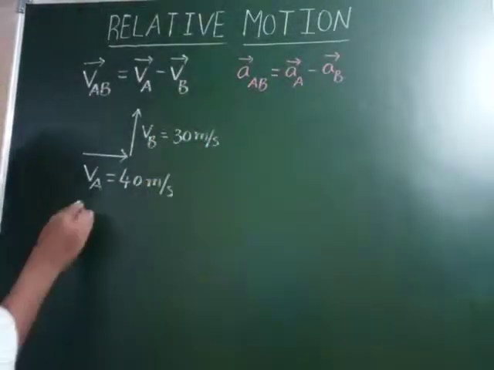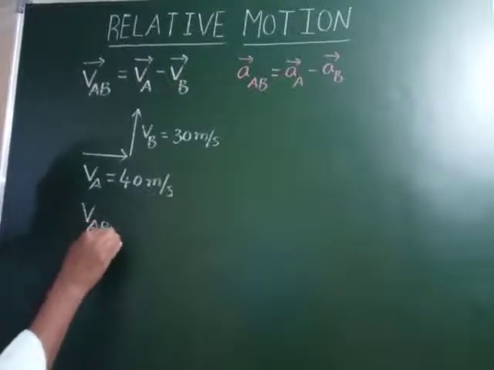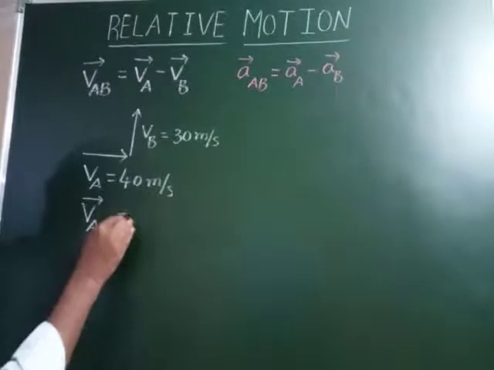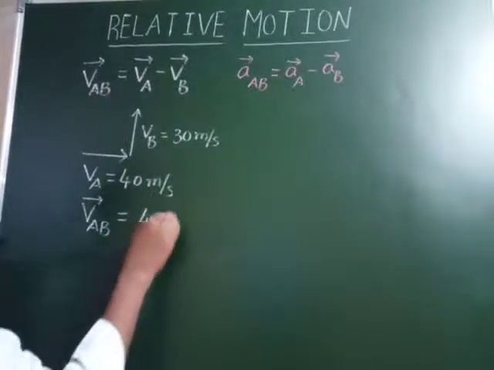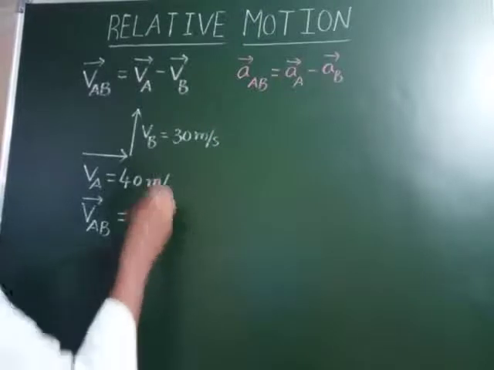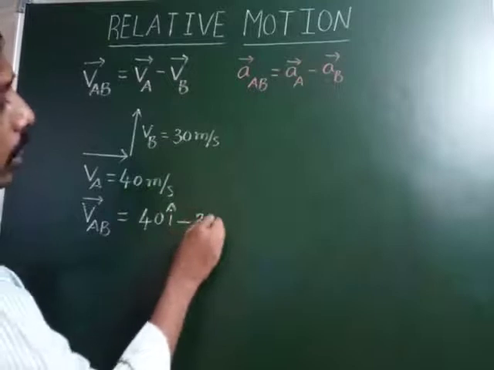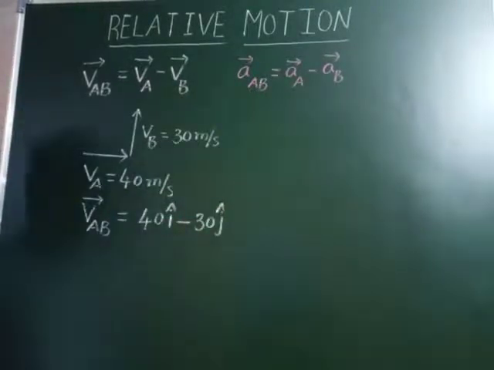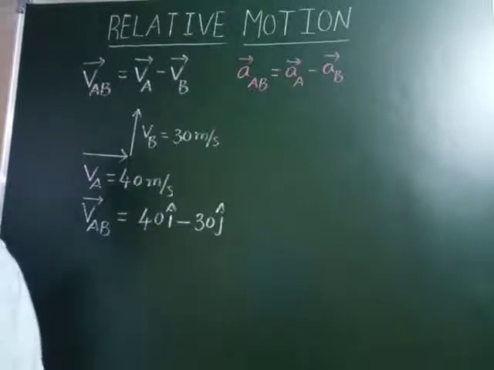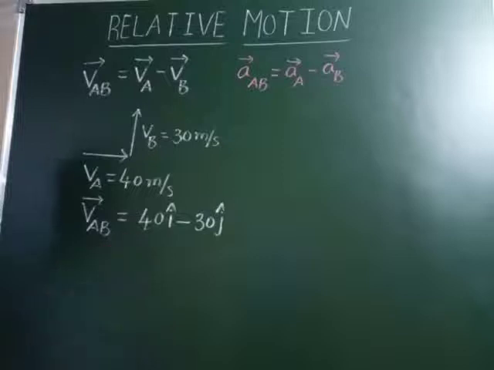In this case, velocity of A with respect to B is equal to velocity of A, that is 40 i cap, since it is traveling towards east, minus velocity of B, which is 30 j cap since it is traveling towards north. That is 40 i cap minus 30 j cap, the velocity of A with respect to B in vector notation.